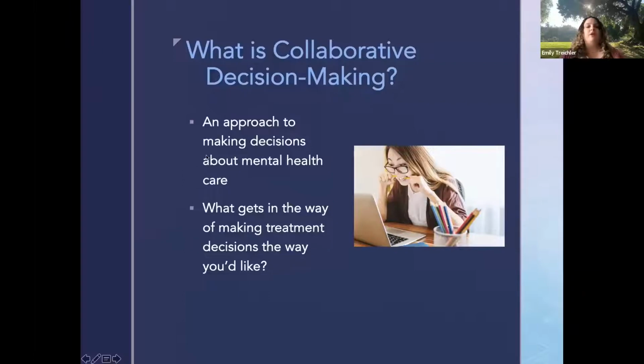Okay, so keep all of those things in mind as we talk about what collaborative decision-making is and how you can promote it or increase it in your practice. Because there are real barriers to achieving your ideal clinical practice, whether we're talking about treatment decision-making or some other element of your ideal practice, right?